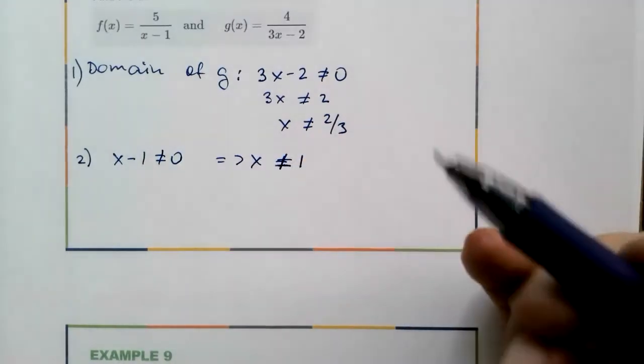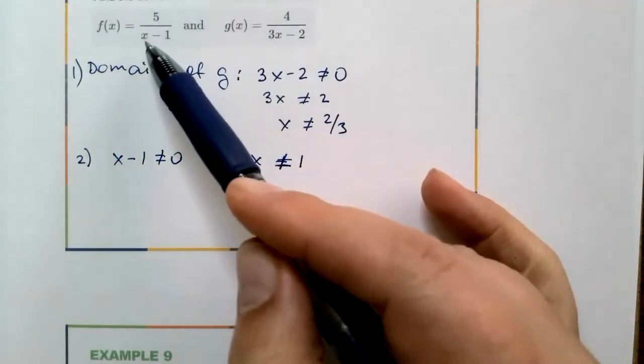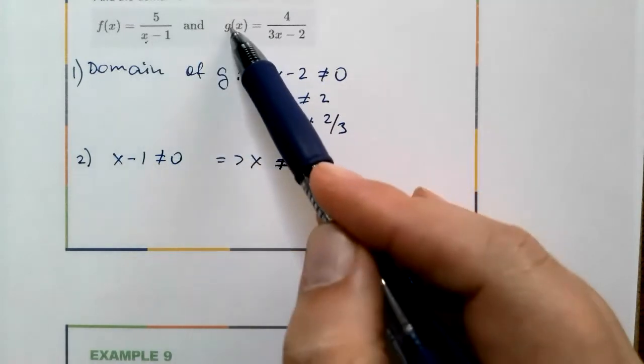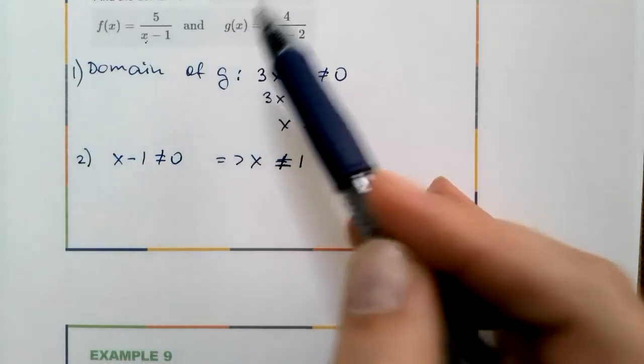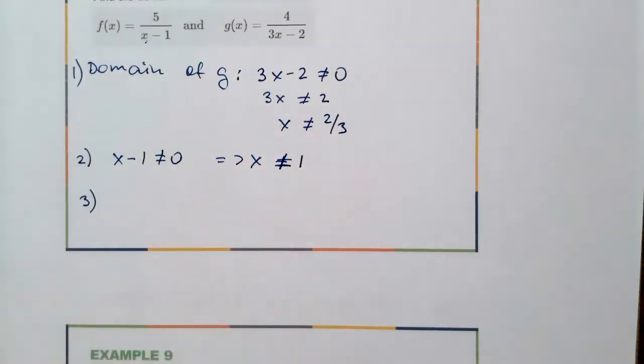Okay, but remember that the inputs of f are not x values, they're actually the function g. So for step 3, which reads find those inputs x in the domain of g for which g of x is in the domain of f.